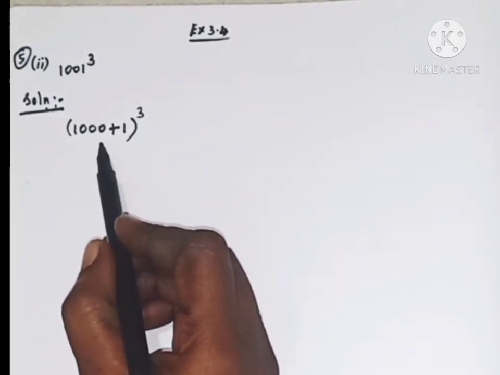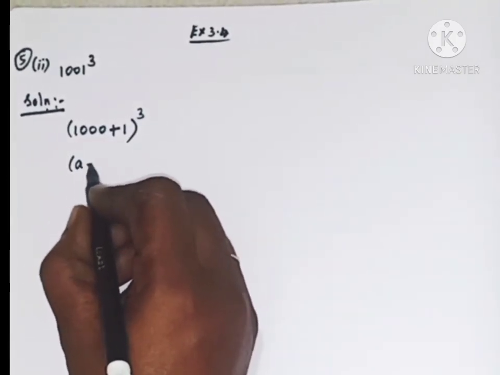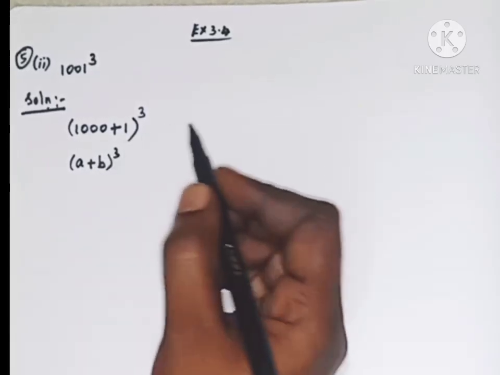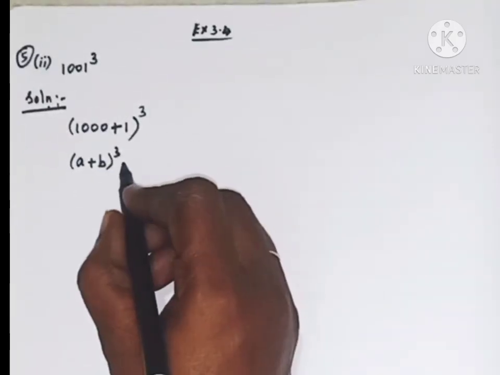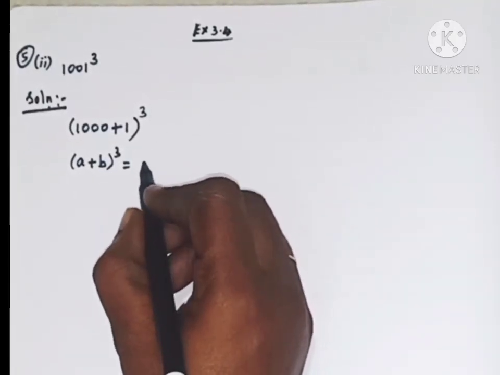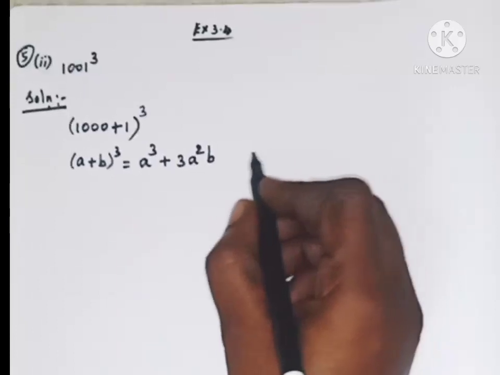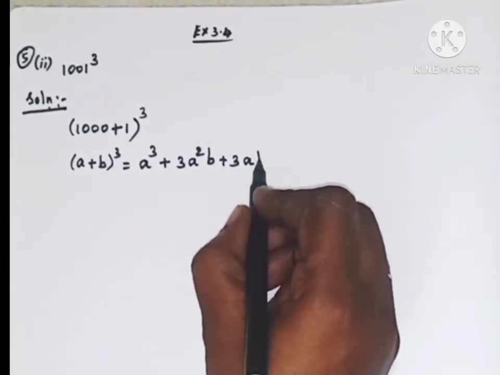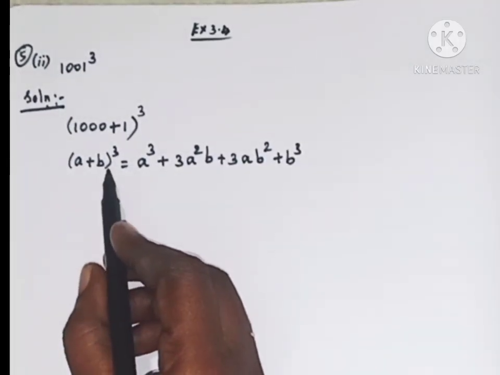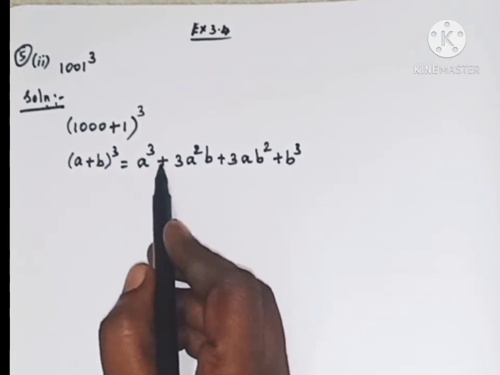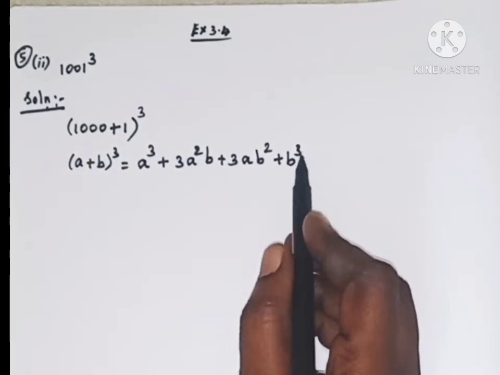Now this problem is the same as the identity (a + b) the whole cube. So (a + b)³ is equal to, we know the identity, a³ + 3a²b + 3ab² + b³.